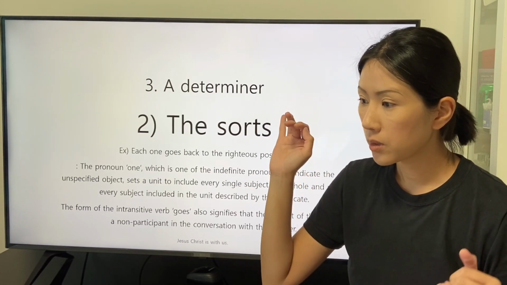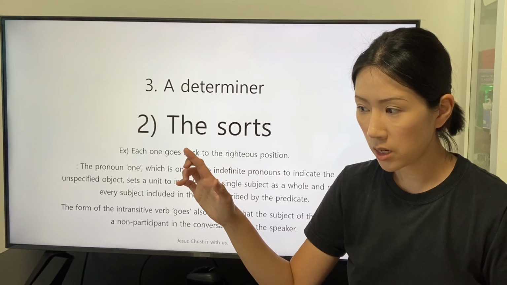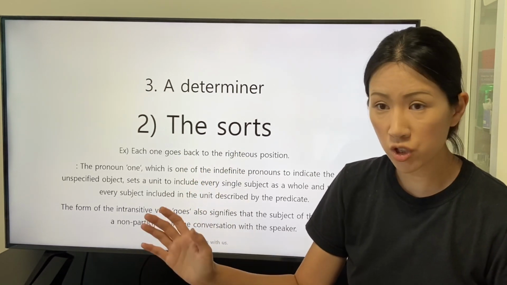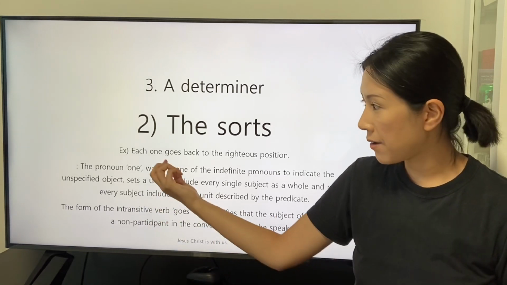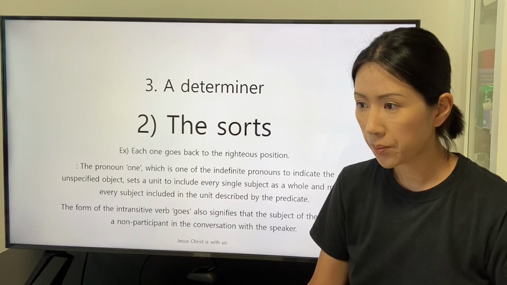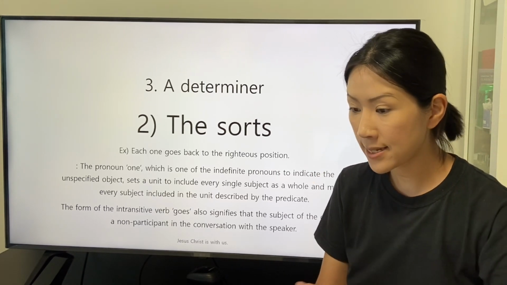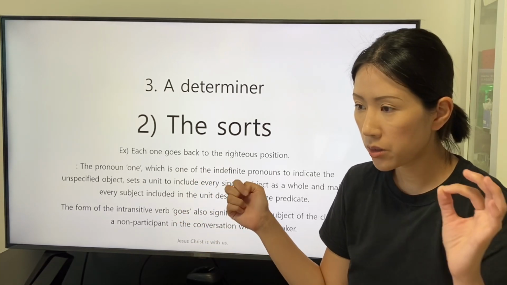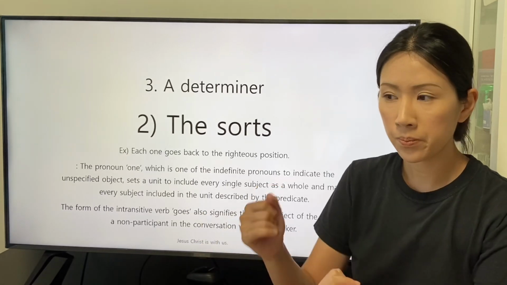So the subject included in the range indicated by the indefinite pronoun one has in common the fact that the subject is described by the intransitive verb goes.